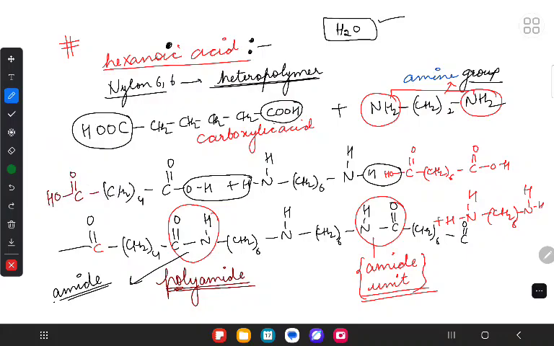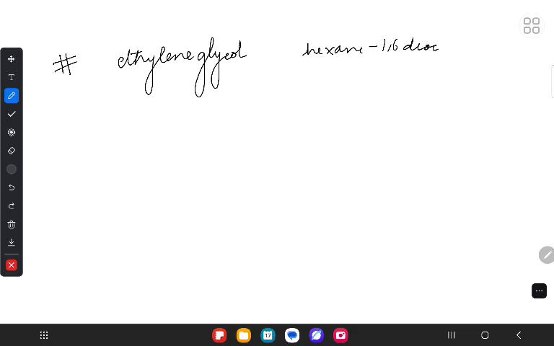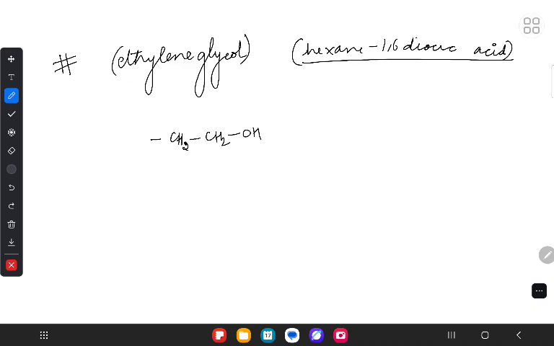So that's about nylon 6,6. Now, if there are certain molecules, and you'll have CH2 whole 6, COOH.